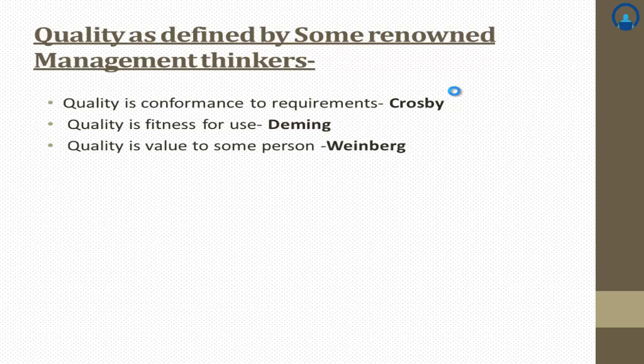Next definition by Weinberg is quality is value to some person. So for example, there can be a range of products. Suppose you buy a car, a Maruti Suzuki car, which can range from say 4 lakh rupees to 20 lakh rupees around, or if you buy a Mercedes, it can go beyond that. A middle class person is happy with a hatchback from Maruti, though it comes at 5 lakh rupees, because it serves the value of the money he has paid.